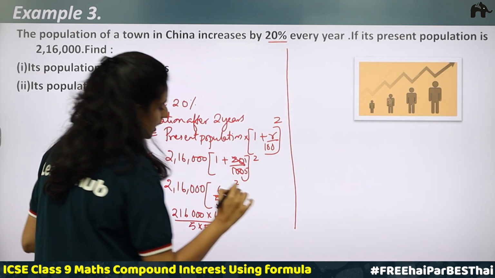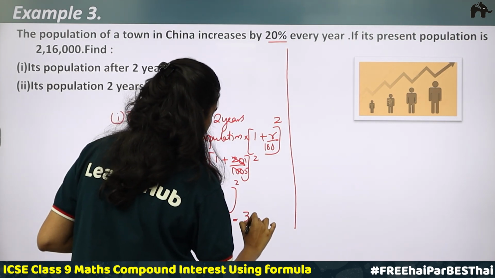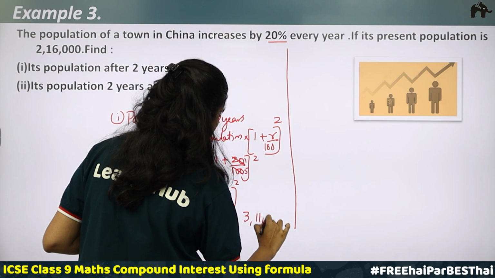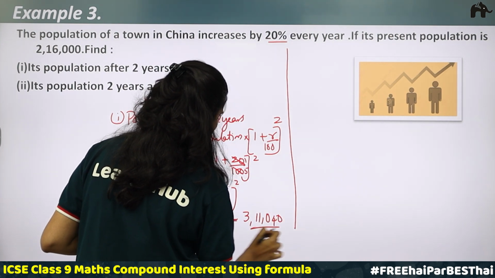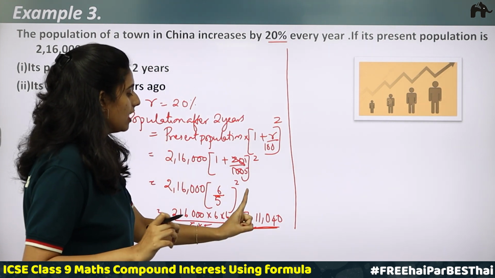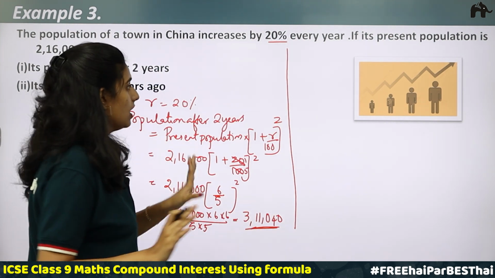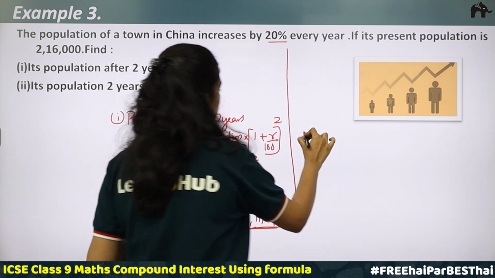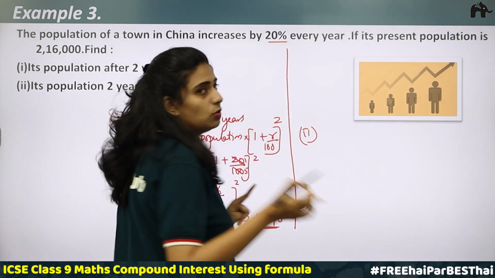So when you calculate this, you will be getting 3,11,040. So the population after 2 years will become 3,11,040.